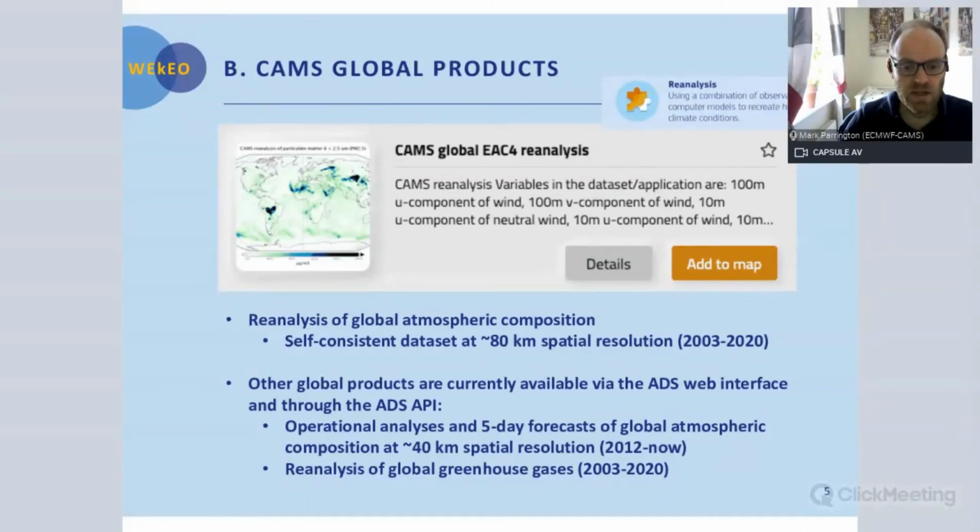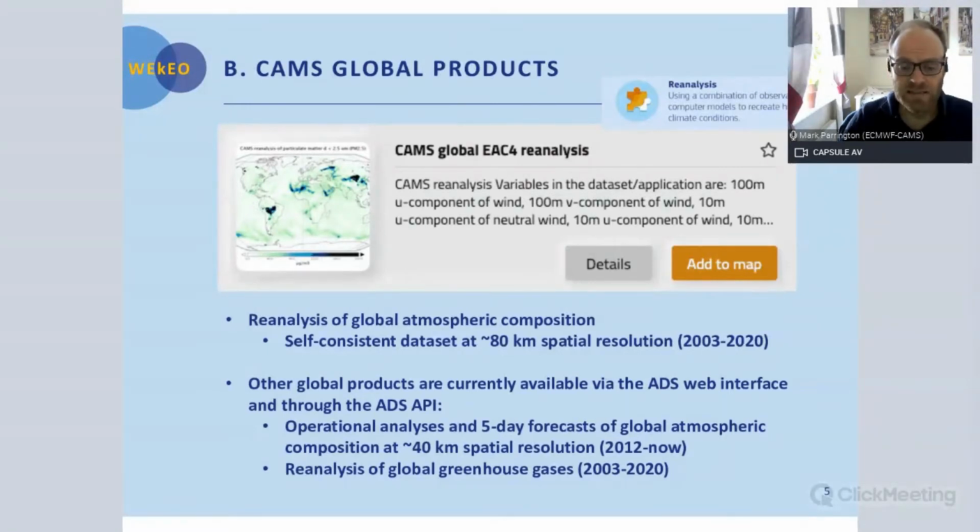Other global products that are not yet currently available on Wikio, but can be accessed through the Atmosphere Data Store, are the operational analyses and 5-day forecasts of global atmospheric composition. So this is our main product that we produce in CAMS at ECMWF. And so this is really the global air quality atmospheric composition with a spatial resolution of about 40 kilometers.